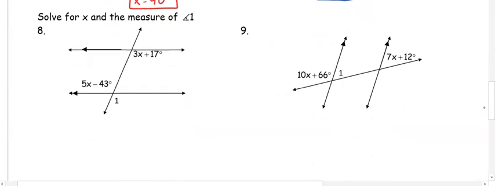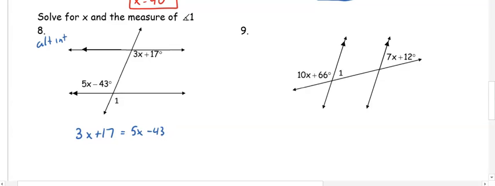Now we want to solve for x and find the measure of angle 1. So when I look at the angles with x, they're alternate interior angles, which means that they are going to be congruent. So we're going to set them equal. 3x plus 17 is equal to 5x minus 43.